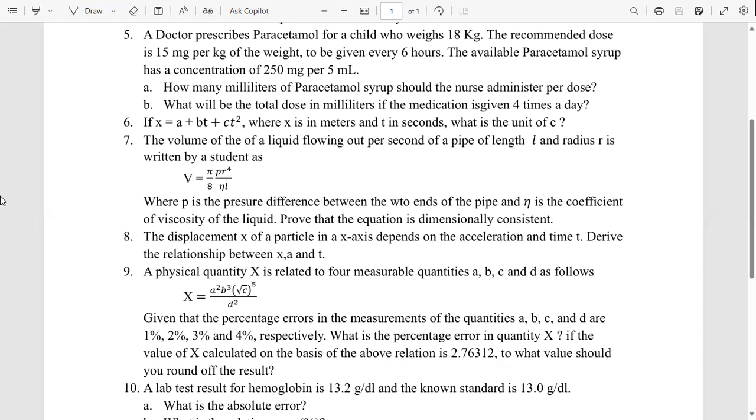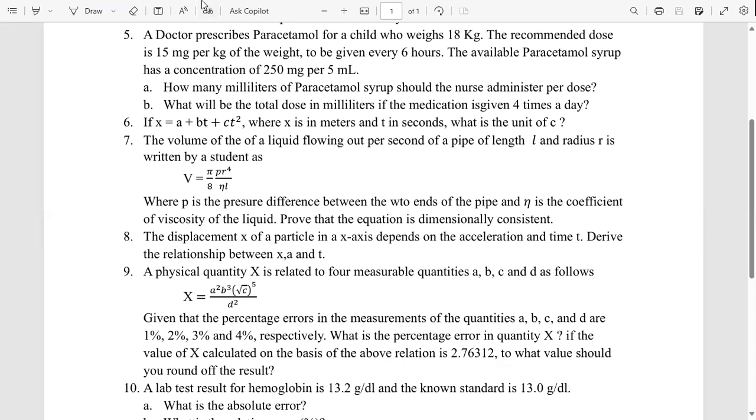All the terms on the right are expected to have the same units as x. And how many terms do we have on the right? We have 3 terms: a, bt, and ct squared. So all the terms must have the same units as x.